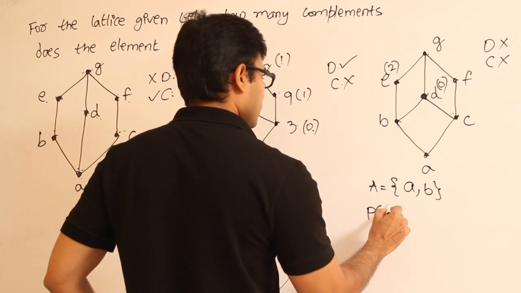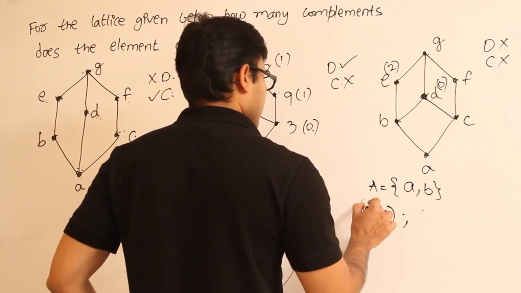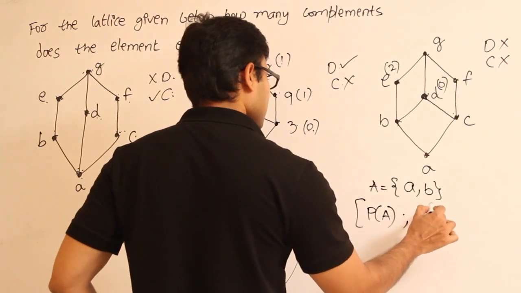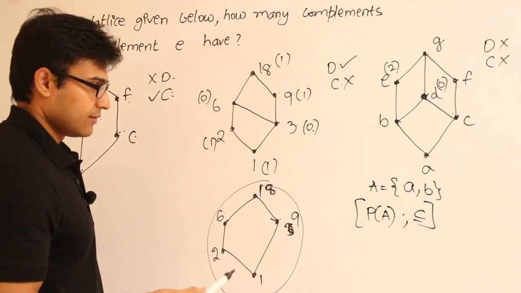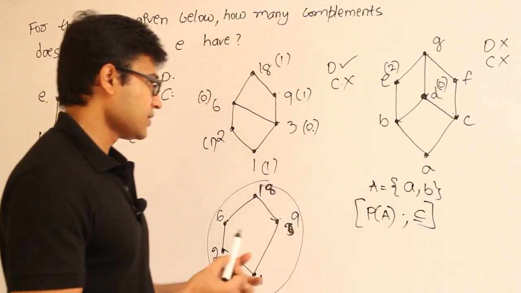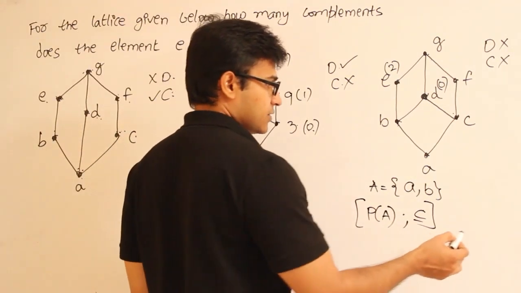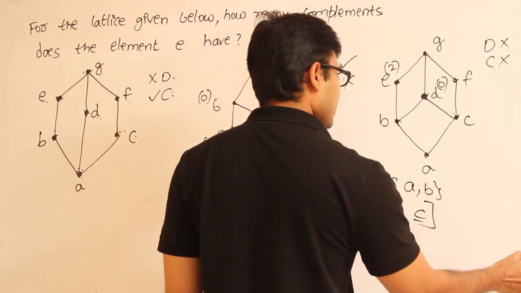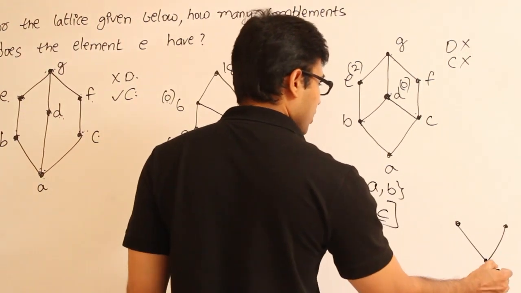Then I want to see what happens with the power set of A, with set inclusion as the relation. You can try this example using a three-element set A, B, C, but for the sake of simplicity I'm taking a small example. It doesn't mean that for bigger examples it will fail. You can take a bigger example also.